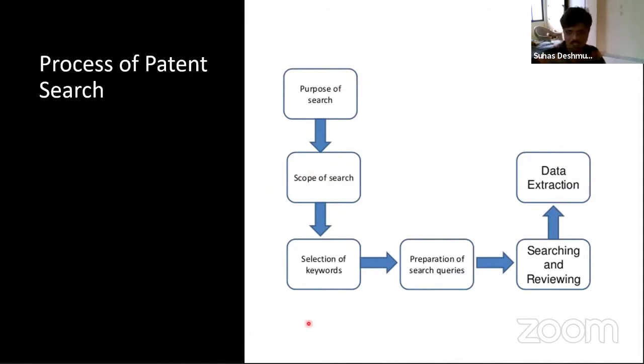Then once you decide the scope, select keywords and prepare search queries, and you can provide a combination of these words and go on extracting the data. Once you have extracted the data, you will get so many patents, and then you need to segregate them: this is useful, this is not useful.